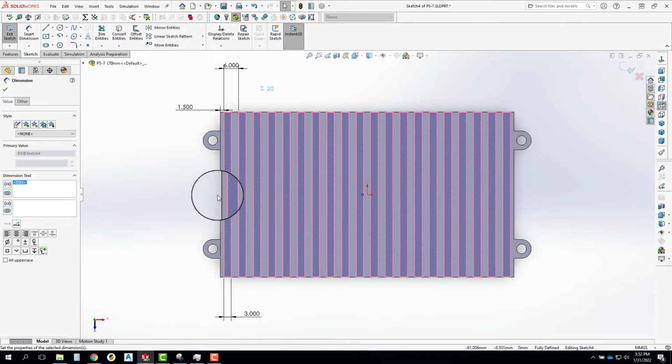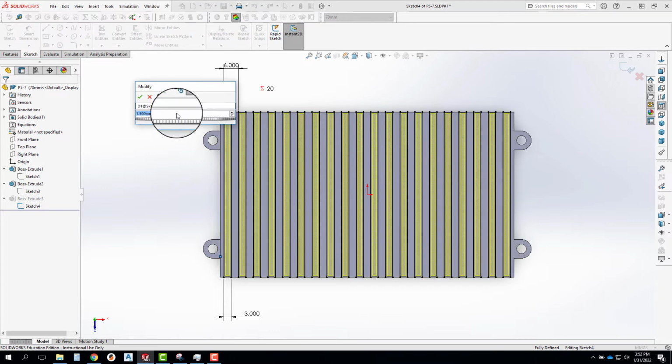And the last one is that this distance here is supposed to update so it's always equal on each side, so that basically the fins are centered on the base plate. So right now it's centered at 1.5. Let's figure out an equation that can adjust that.